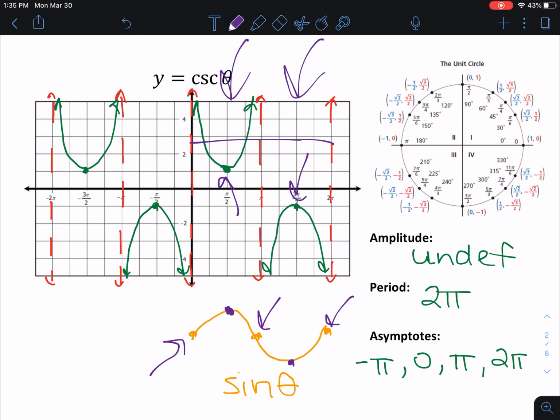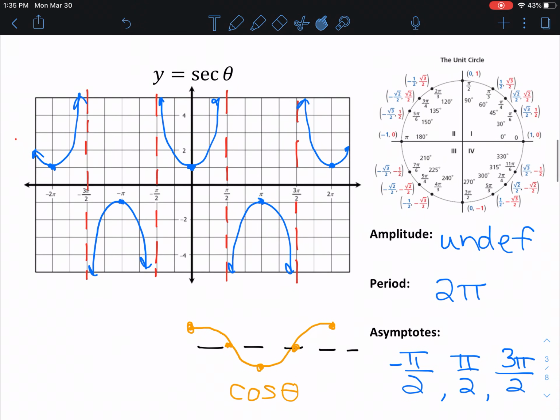That distance together indicates our whole period. The asymptotes you'll see on the graph are at 0, pi, 2 pi, continuing that way, and then -pi the other way. That's pretty important. It also makes graphing this pretty easy.